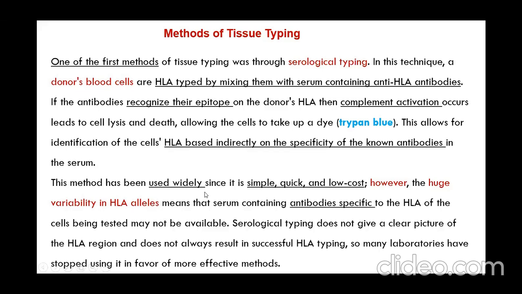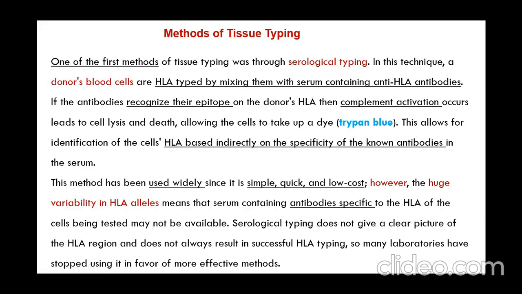So the method has been used widely, and it's a huge success in terms of simplicity and low cost. But at the same time, there is a variability of HLA alleles, right? Given a patient, given a donor, given ethnicity, you might have to test these anti-HLA antibodies to find the right HLA in the donor.